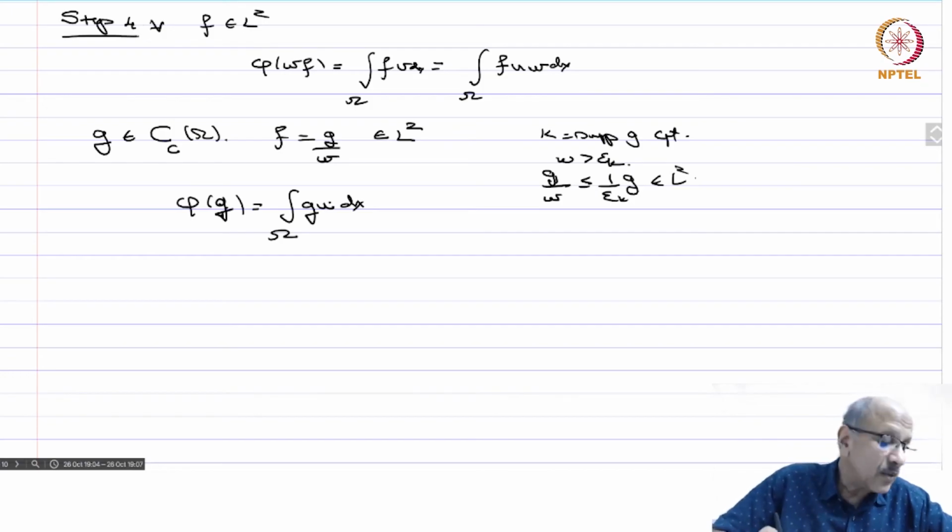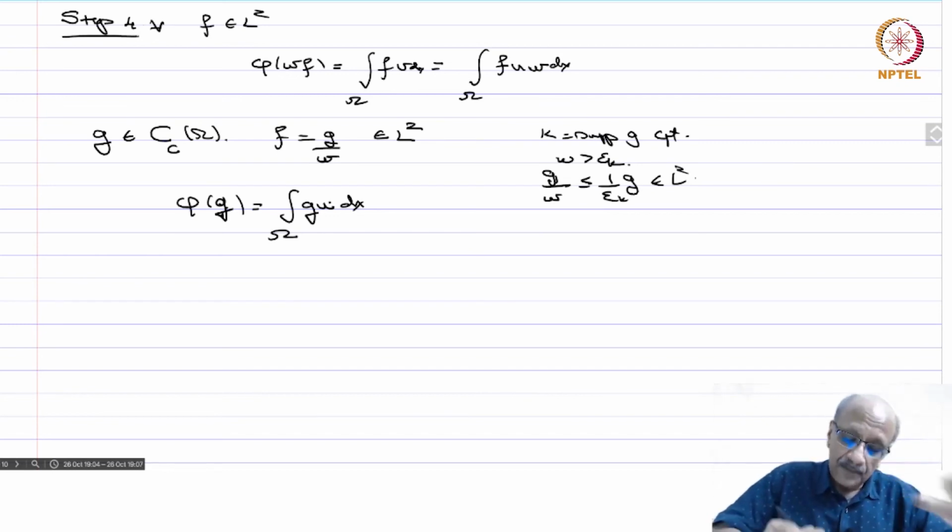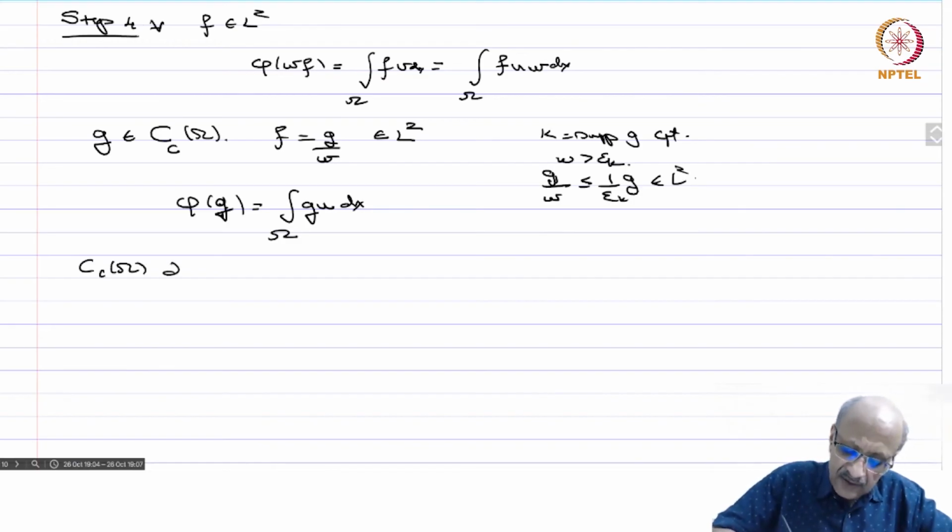So phi g equals integral g u for every g in C_c of Omega.